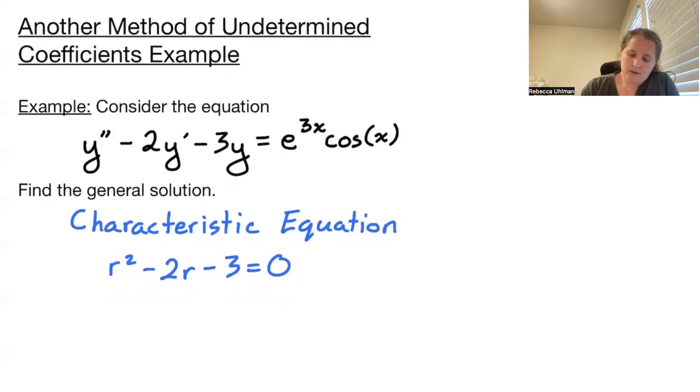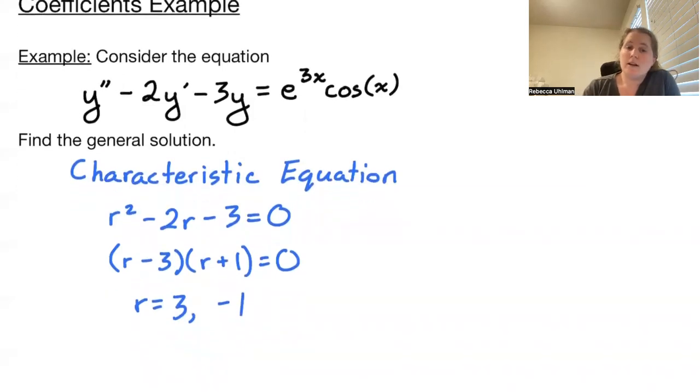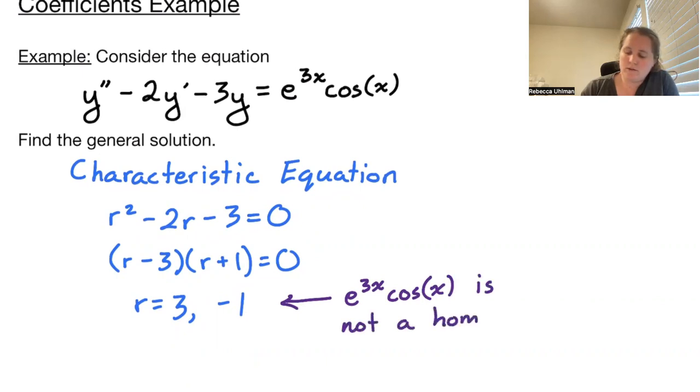So this factors as r minus 3 times r plus 1 equaling 0. We get r is either 3 or negative 1. So e to the 3x cosine x is not a solution. We don't need to worry about that. It is not a homogeneous solution.